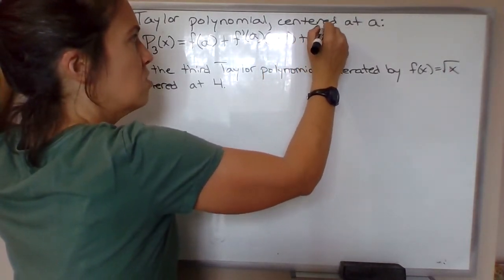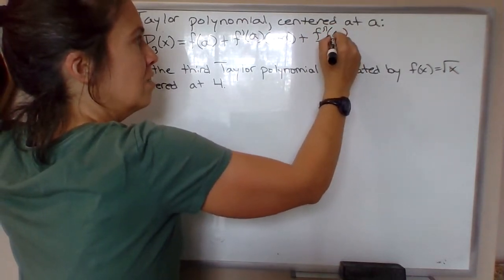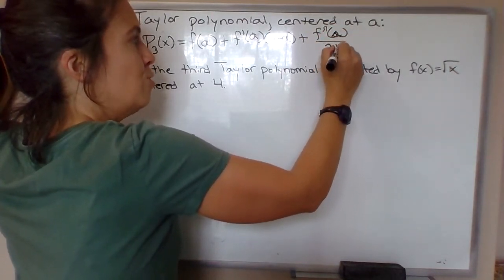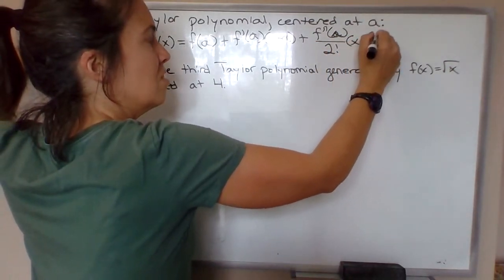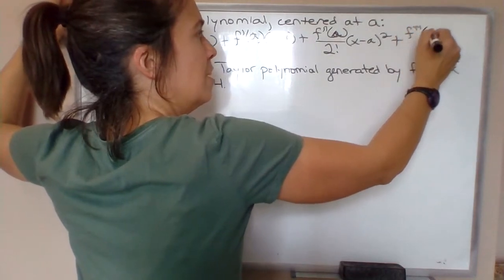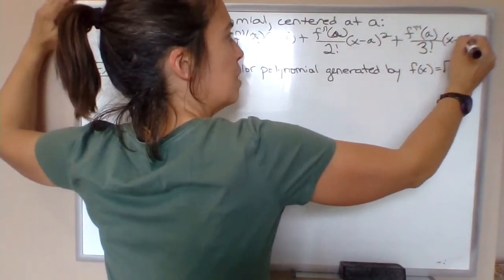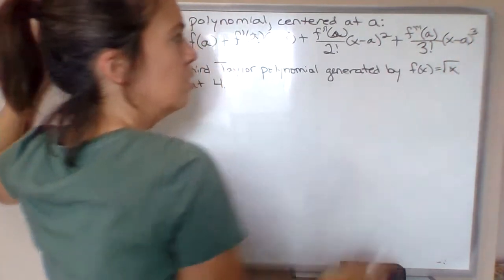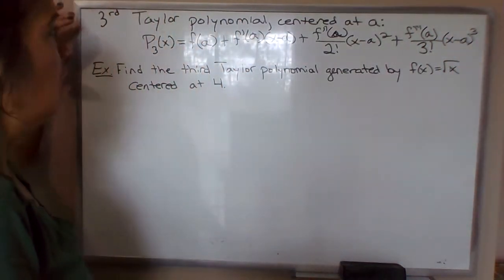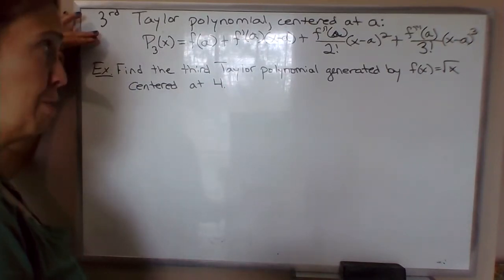And then second derivative evaluated at the center, which we're calling a, over 2 factorial times x minus a to the second. And then third derivative evaluated at the center over 3 factorial times x minus a to the third. Okay, so that's the general formula for the third Taylor polynomial.